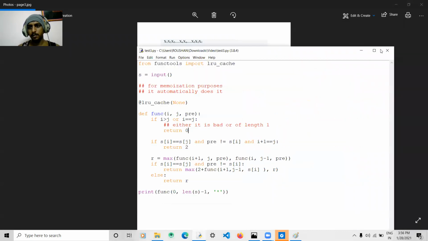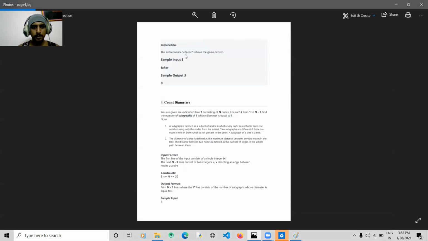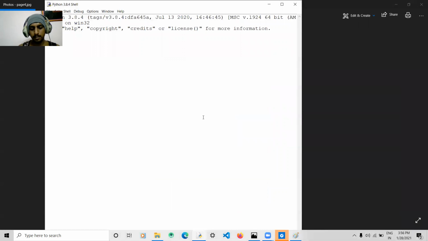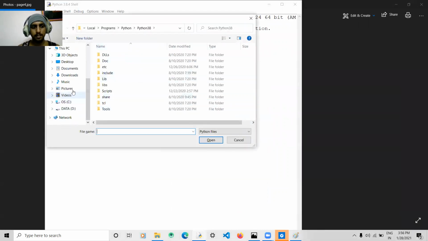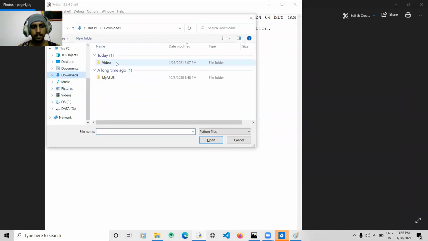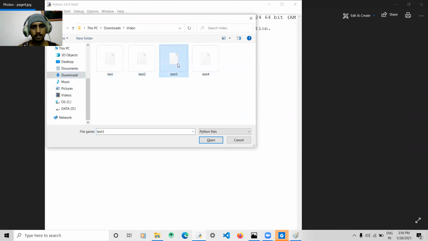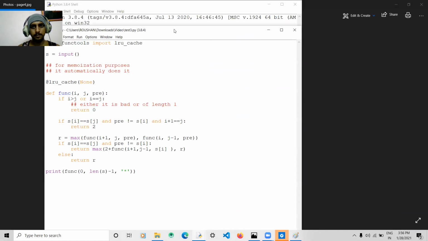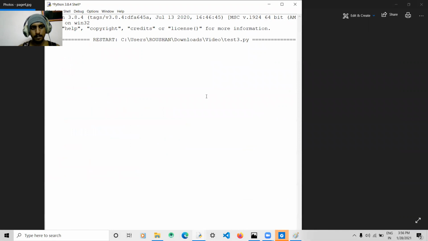Again, let's move on to the fourth problem. We can also check taker. So taker would be easier. Taker is 0.